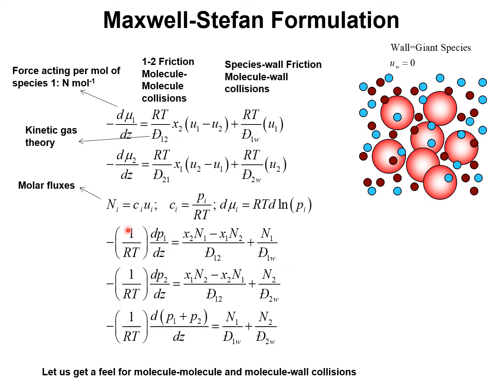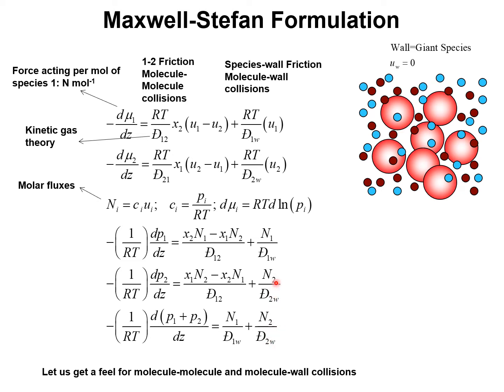If we add the left members, we obtain the gradient of the total pressure, P1 plus P2, and these two terms cancel each other out on adding, and we will have simply the flux of component 1 divided by the coefficient D1W plus the flux of component 2 divided by D2W.